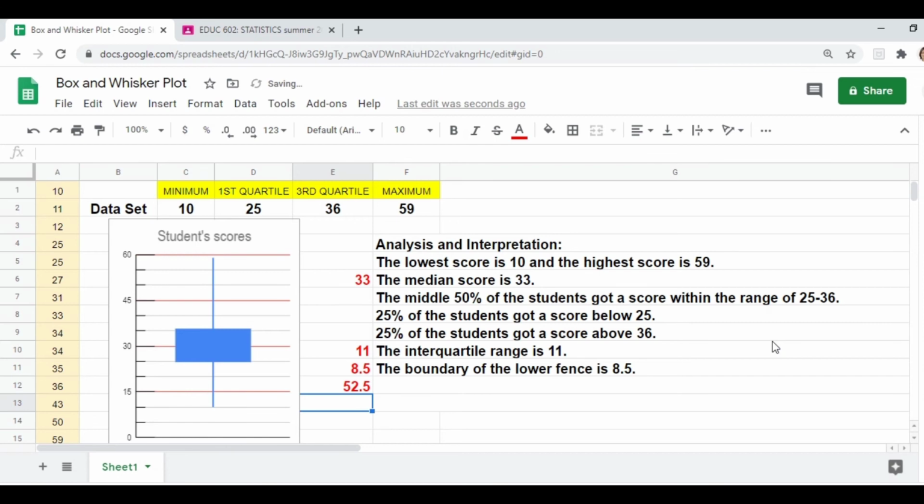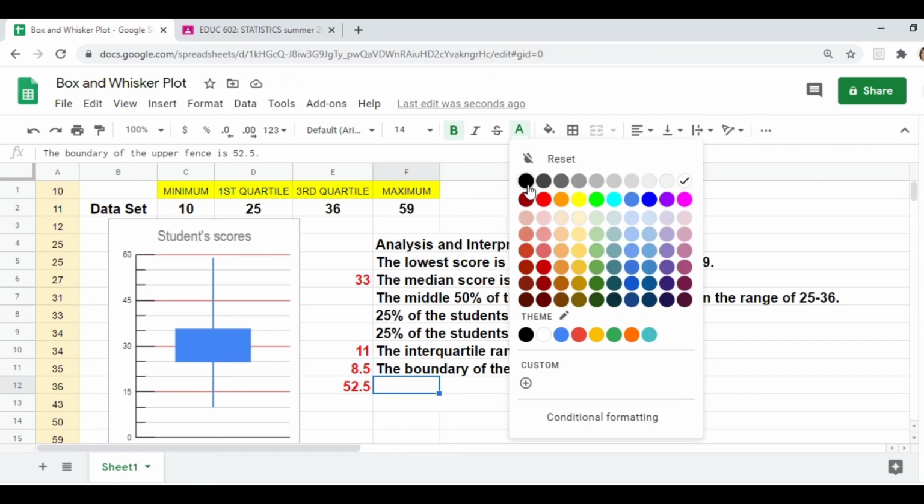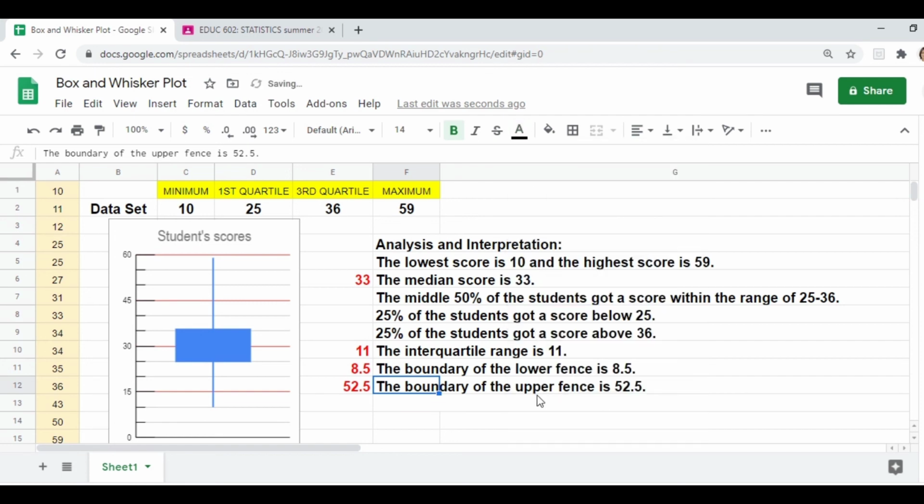That will give us 52.5. So this means all the values above 52.5 are considered outliers. In other words, the boundary for the upper fence is 52.5.